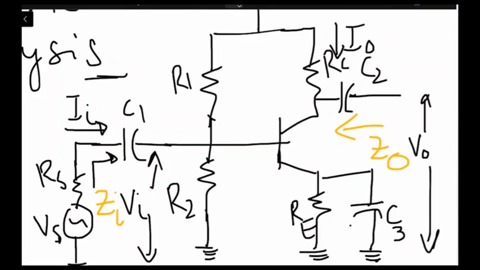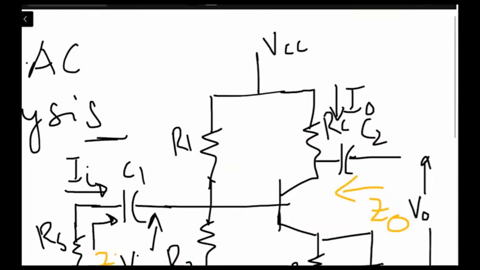Okay, so how will we work with the AC circuit now? Because now we will actually be taking out the DC components from the circuit, right? The first DC component of the circuit is VCC. VCC is basically the biasing voltage, and the biasing voltage is used to locate the Q point or the point of operation of the circuit.